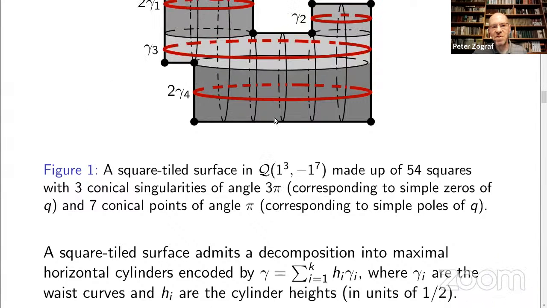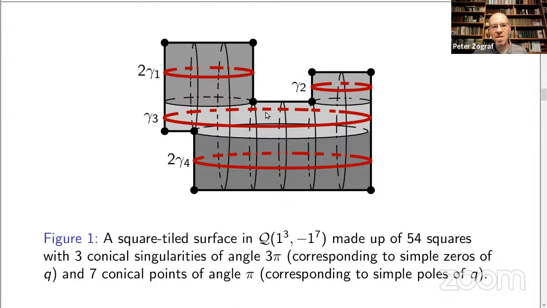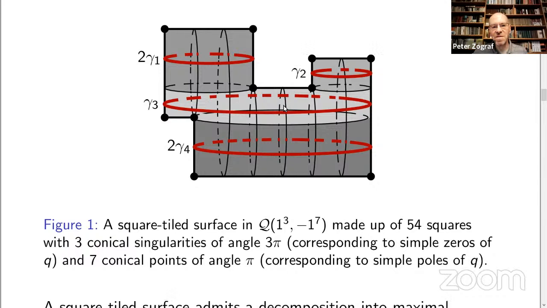So on this picture, the first cylinder has circumference 6 and height 2. It is encoded by the symbol 2 gamma 1. The second cylinder has circumference 4 and height 1, and so on.